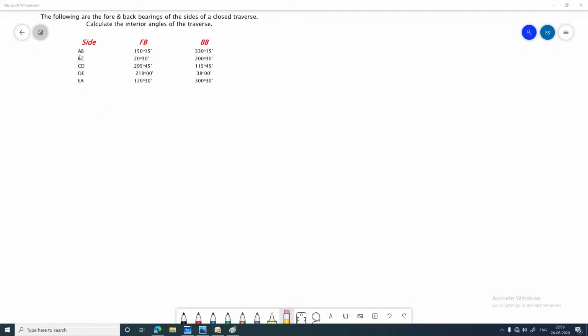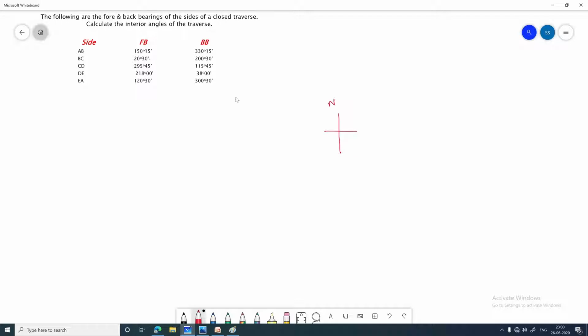So let's start with the first line, that is AB. So the bearing of AB is 150 degree. Let's draw here. Sorry, this is north. So bearing of AB is 150 degree 15 minutes. That means as the quadrant are missing, it is in the whole circle bearing system, right?